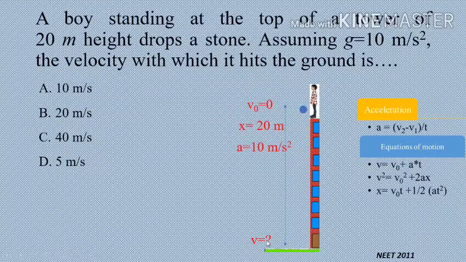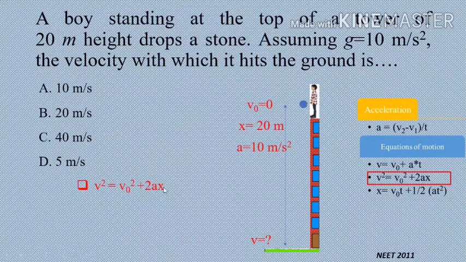To find the final velocity, the suitable equation for the given conditions is the third equation of motion, v square equals v0 square plus 2ax. Here we can see v0 is known to us, acceleration is known, and distance is also known. That means we can use this equation.